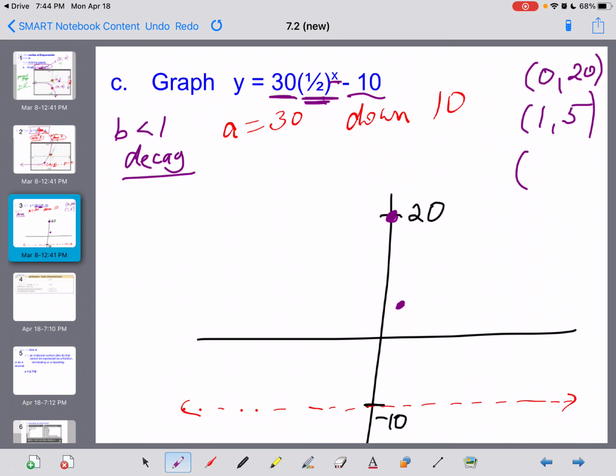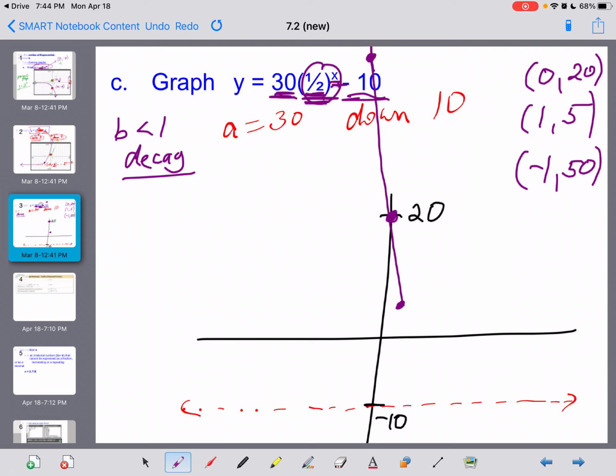What we could do is put in a number like -1. And what's happening here, guys, is if we take 1/2 to the negative first power, that actually turns into a positive 2. 2 gets multiplied by 30 to make 60, and 60 minus 10 is 50. So we're at (-1, 50), which is way up here somewhere, and I'm hoping those 3 purple dots tell you what we need to see, guys.